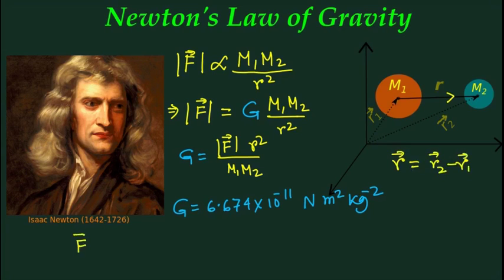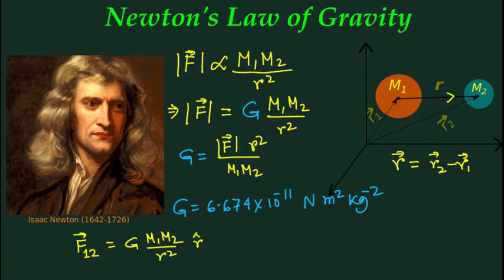So the force acting on particle 1 due to particle 2, that is F12, will be G into m1 m2 by r square into r hat, where r hat is the unit vector along r vector.